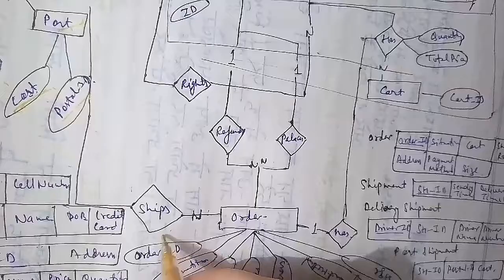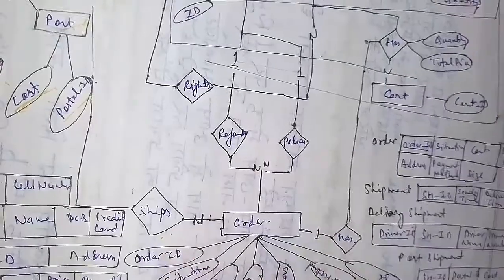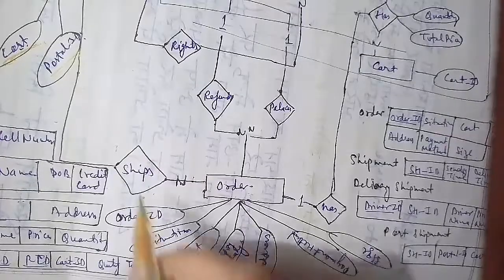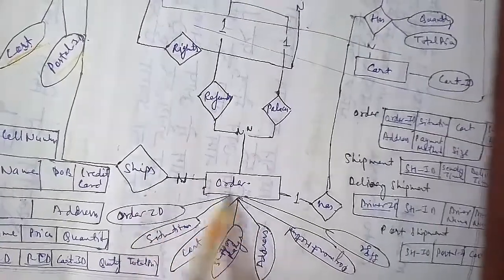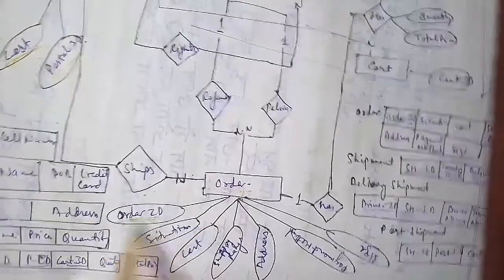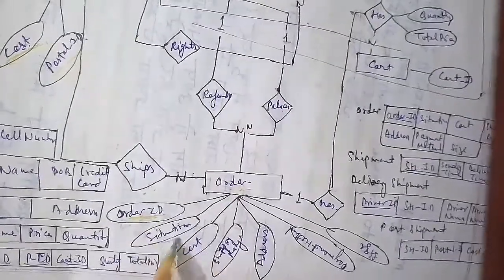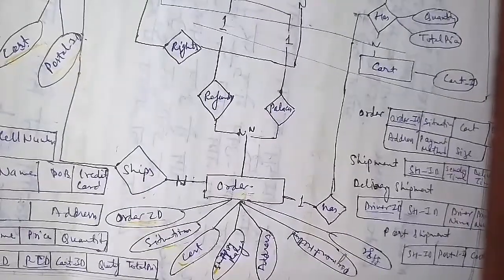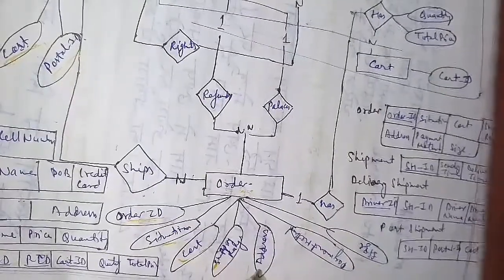In terms of ships, we'll discuss how the ships are connected to the orders. For that order, you have to know the order ID, the status, the cost, the shipping range, the distance, the address, then of course the payment method and the size of the order as well.